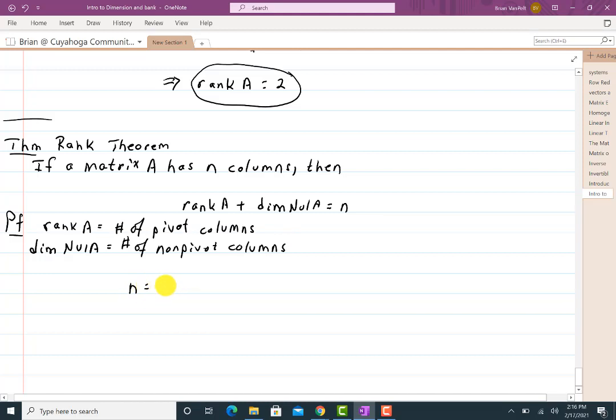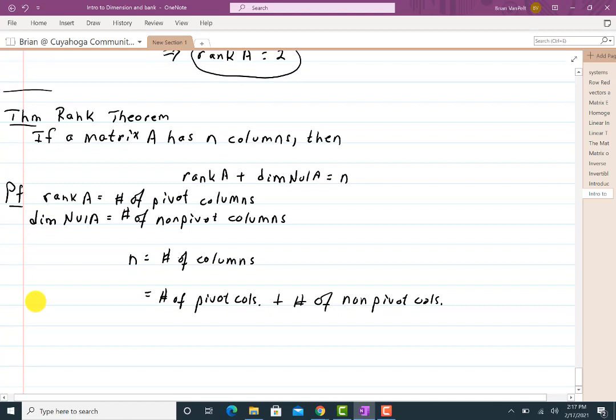So n equals the number of columns, and that's going to equal the number of pivot columns plus the number of non-pivot columns, and then the number of pivot columns is the rank, and the number of non-pivot columns is the dimension of null A.